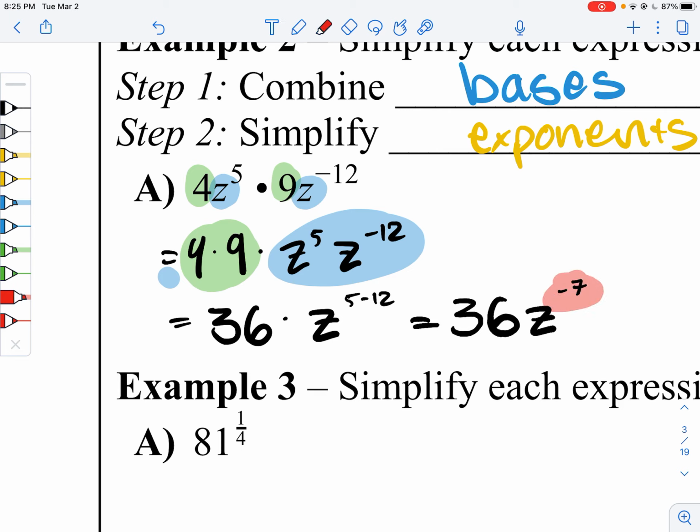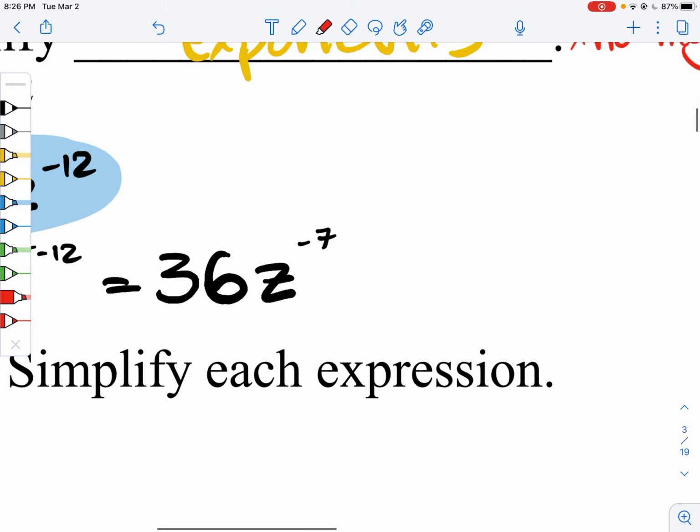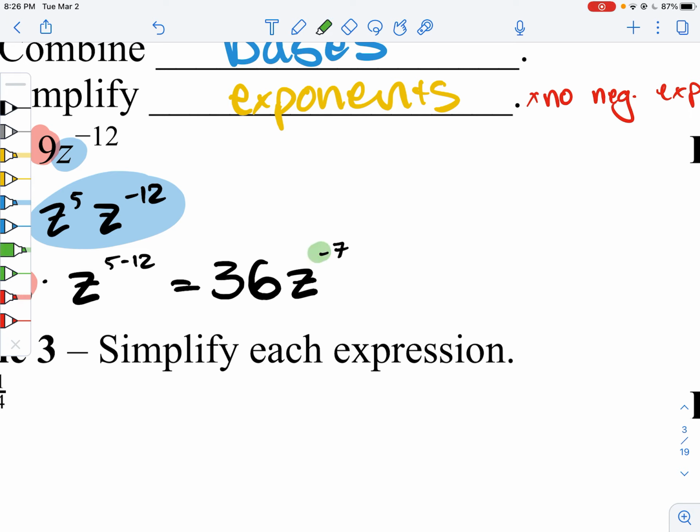Oh no! A negative 7 exponent? Yuck! But remember, that negative is the same thing as a fraction bar. So this is the same thing as 36 times 1 over z to the 7th power.